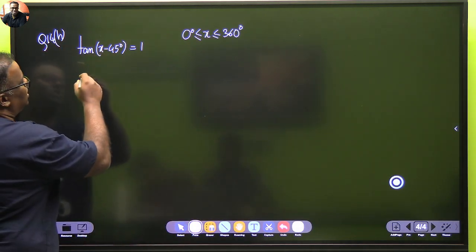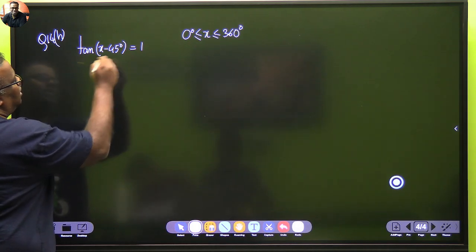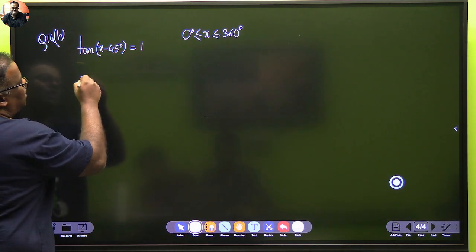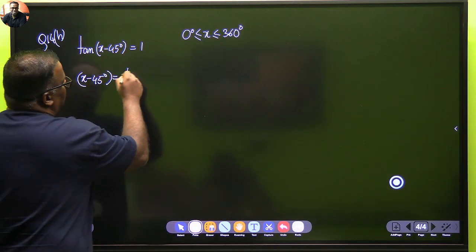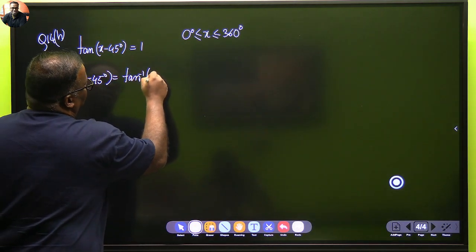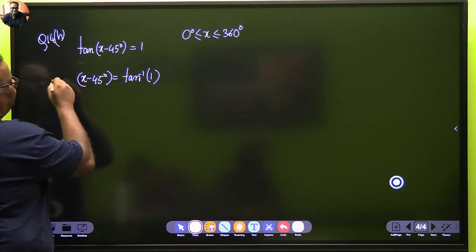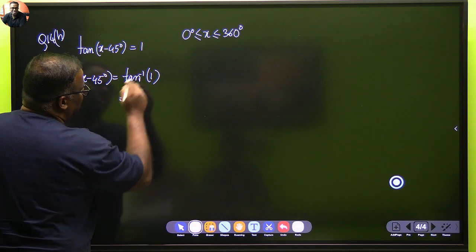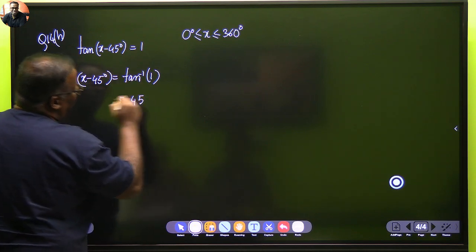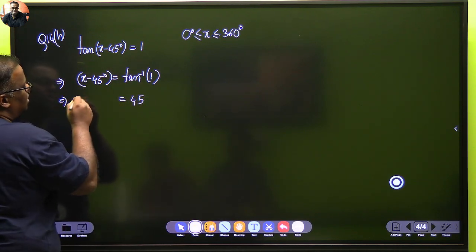How do we solve this equation? We say that x minus 45 should be equal to tan inverse 1. And tan inverse 1 is nothing but 45, because tan 45 is 1. So tan inverse 1 means this should come 45. I hope you know this.